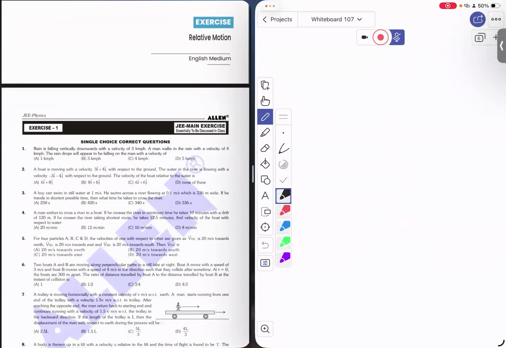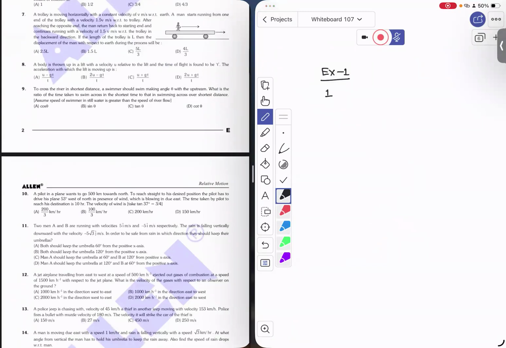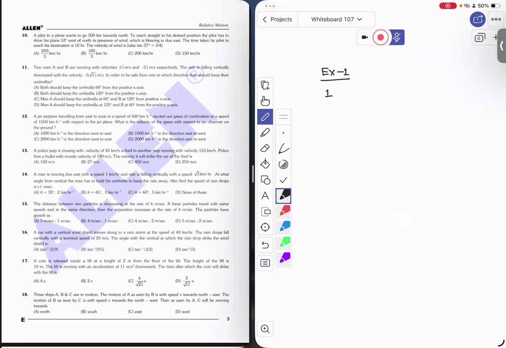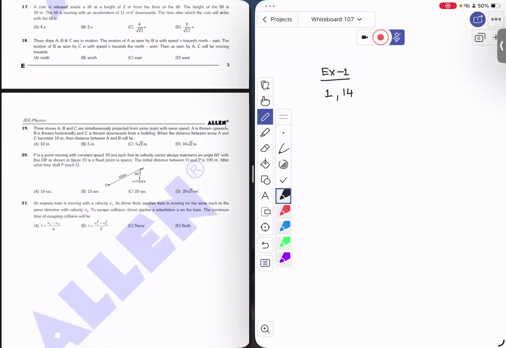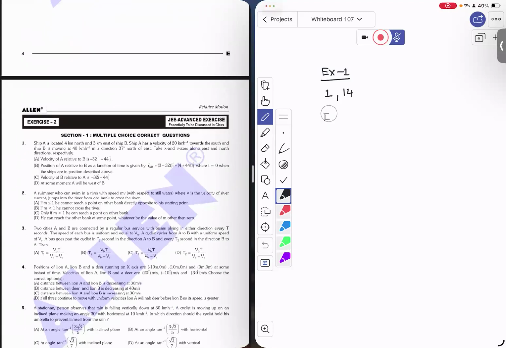Exercise 1, question number 1. Question number 14. Exercise 2.